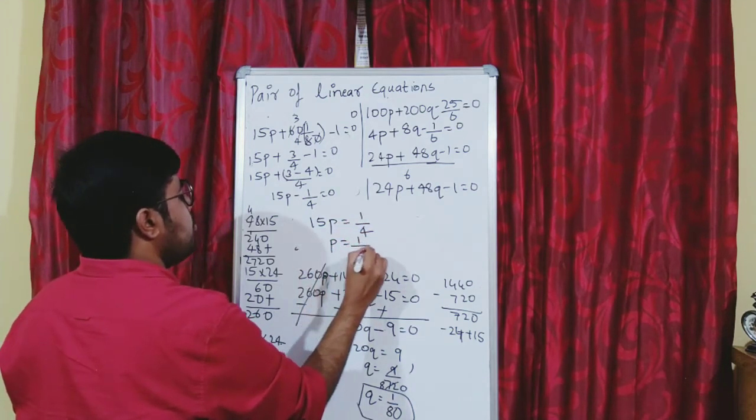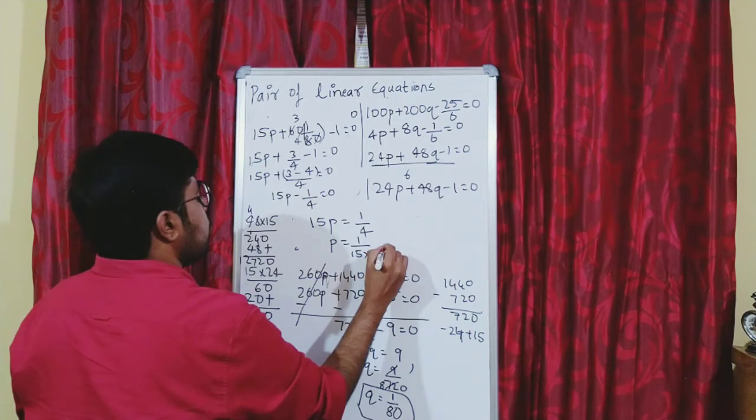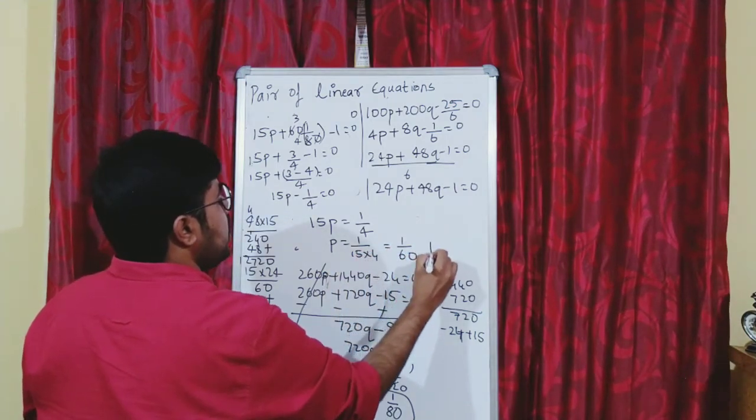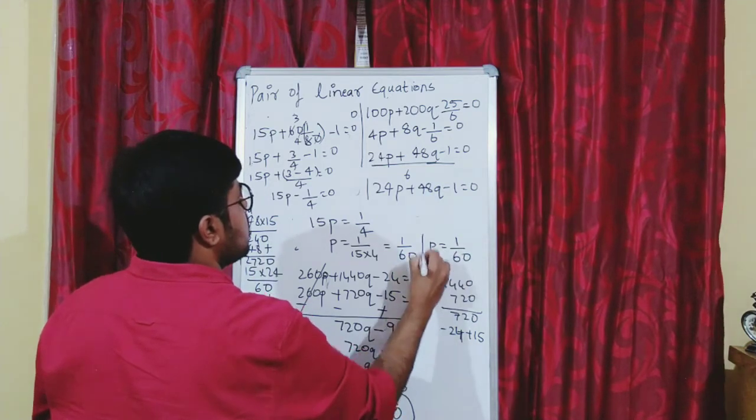P is equal to 1 by 15 into 4. 15 4s are 60. So P is equal to 1 by 60.